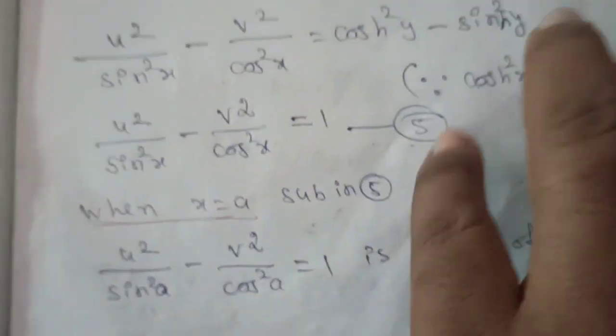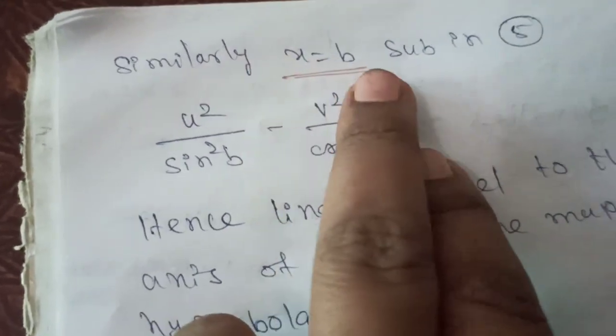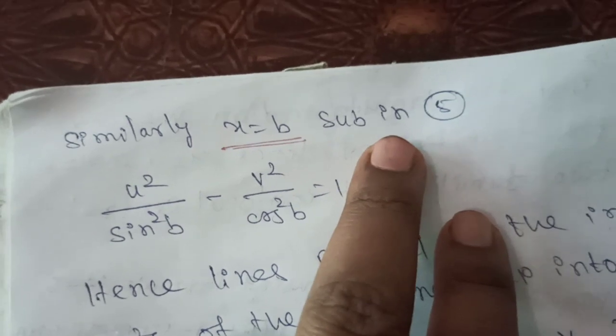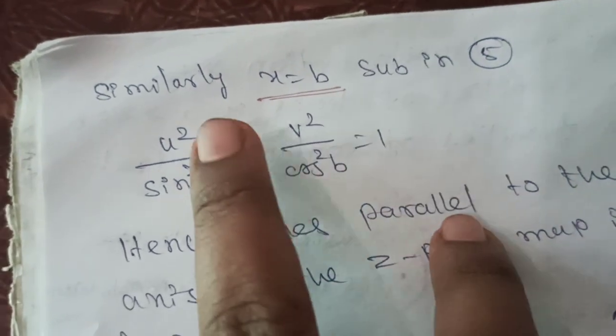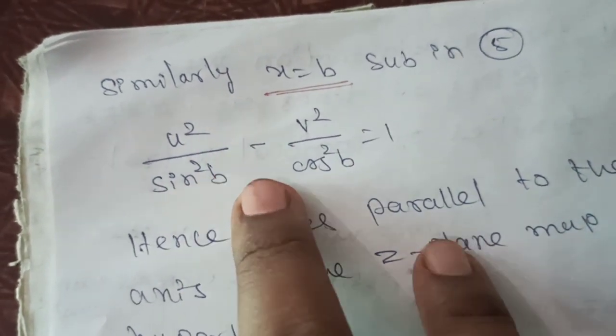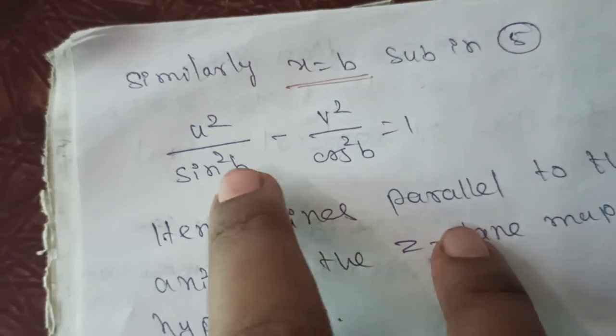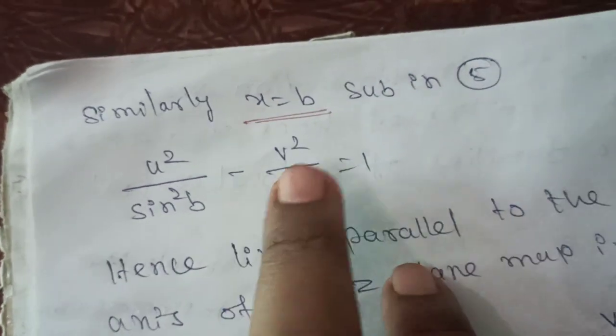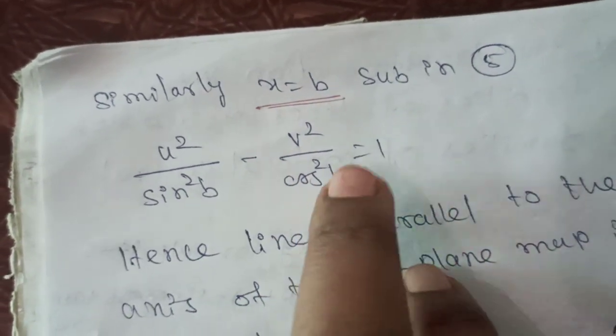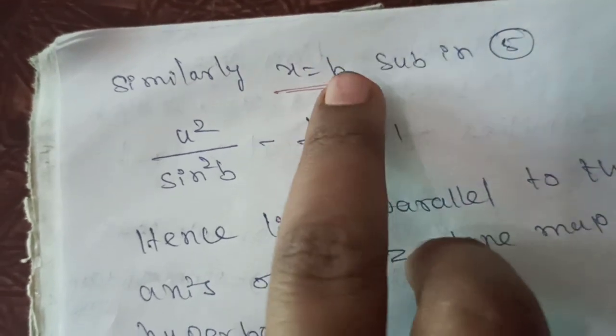Okay, and next you take the second line, when x equal to b. Again you substitute in equation number 5. That is u square divided by sin square of x value, you substitute the b, that is sin square b, minus v square divided by cos square of x, that is x value you substitute the b.